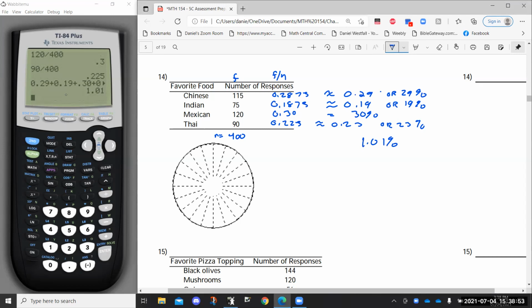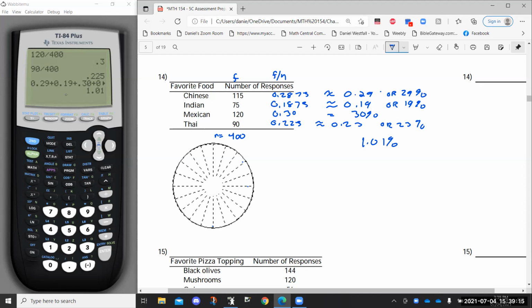If this is 400 though, could I split it up into a nice number of slices here? Let's see, 1, 2, 3, 4, 5, 6, 8, 9, 10, 11.